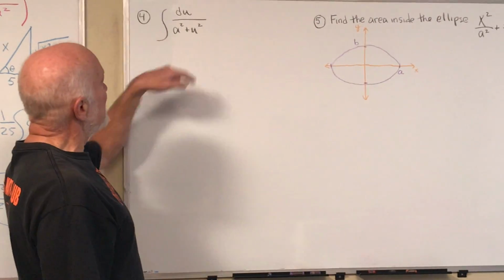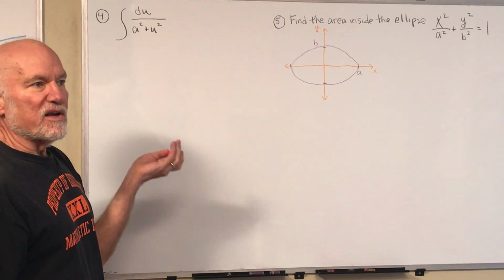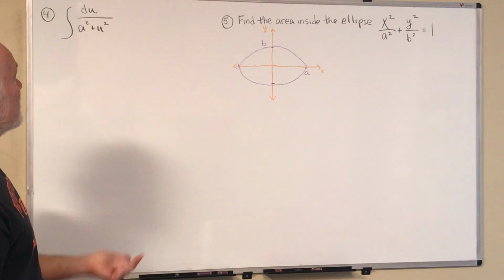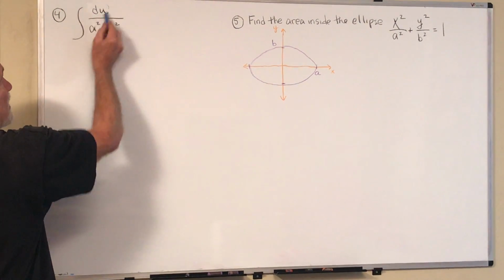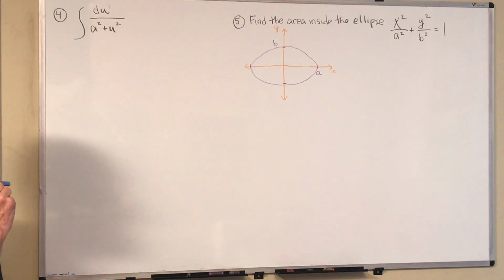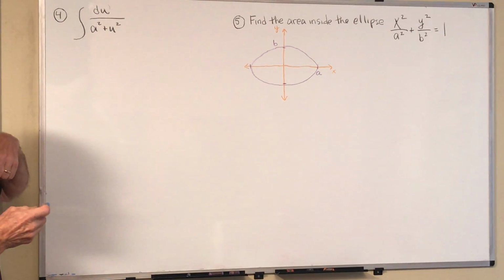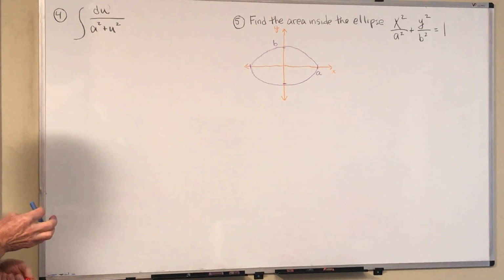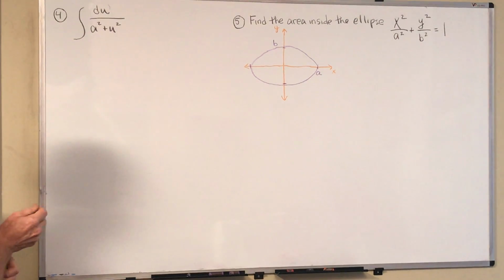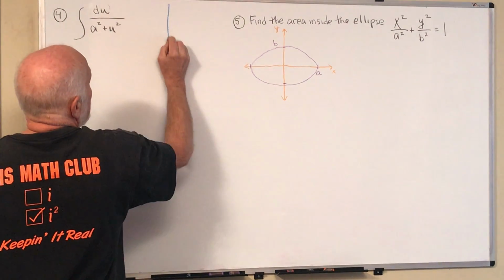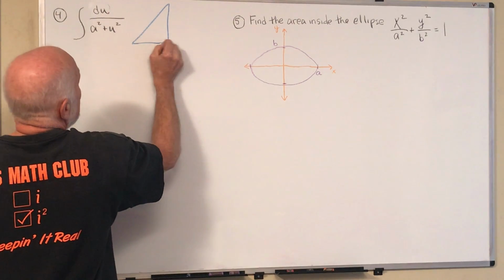So this one we have to decide what is the variable here. It's not x, there's no x there, but you see your differential du up here. You know that u has to be our variable, and then a is going to be the constant. So this time we're going to set up a triangle.